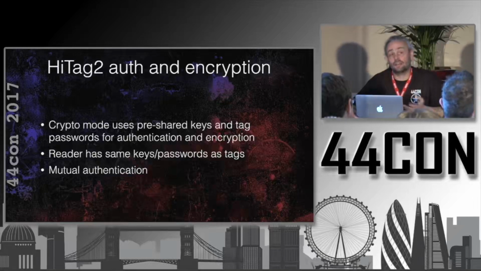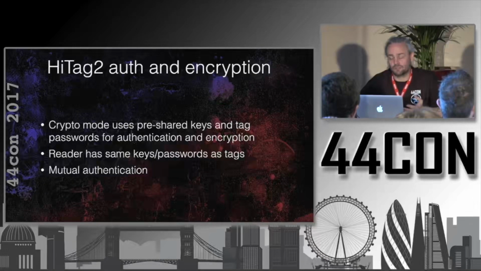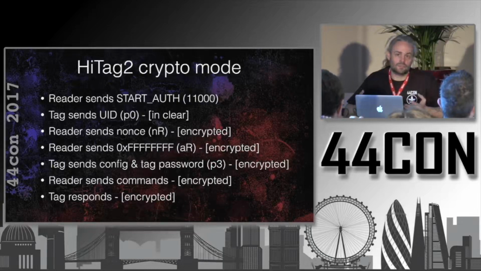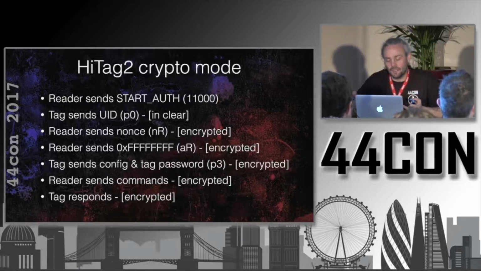But if you're only attacking the reader, attack 3 will let you attack just the reader without actually having to have a tag, which is even better. Which is what we're going to come to. So crypto mode looks a bit like this. As you can see, every step is encrypted after the first one. They exchange the nonce, which seeds the RNG, and the challenge response value, which is the encryption of 0xFFFFFFFF.